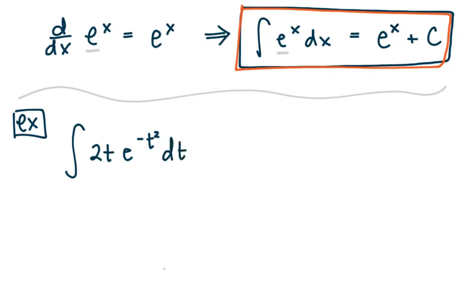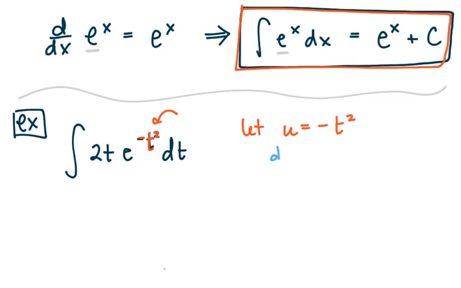So one method we use potentially to choose my u value, we said that sometimes we can choose u by looking at the expression in the exponent. So that's what I'm going to do here. I'm going to let this piece, negative t squared, be my u. So let u equal negative t squared.